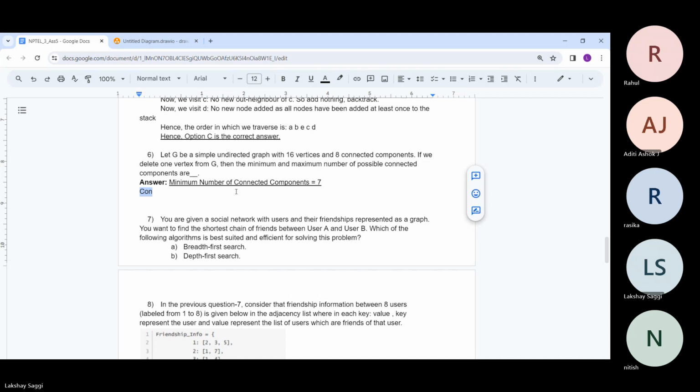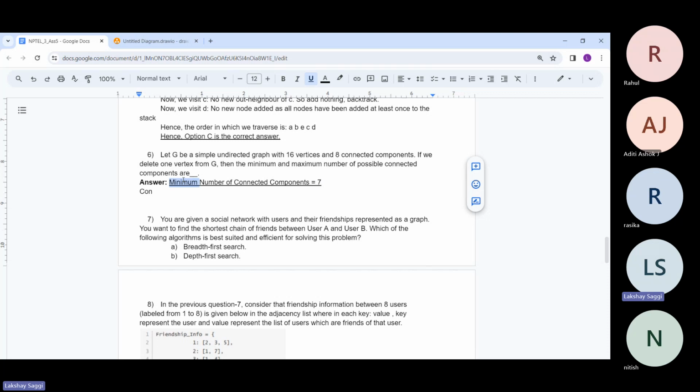And we are deleting one vertex from G. To ensure minimality, we have to show there exists a graph and a vertex such that deleting that vertex gives us 7 components. The second thing we need to show is that after deleting a vertex, we cannot obtain 6 components, because we want to ensure that 7 is the minimum possible answer.